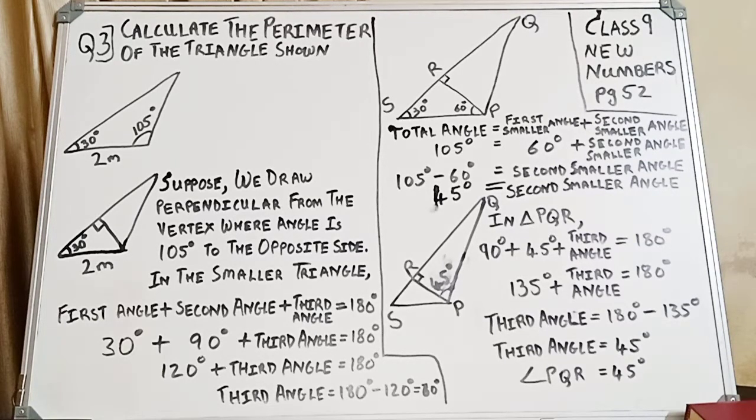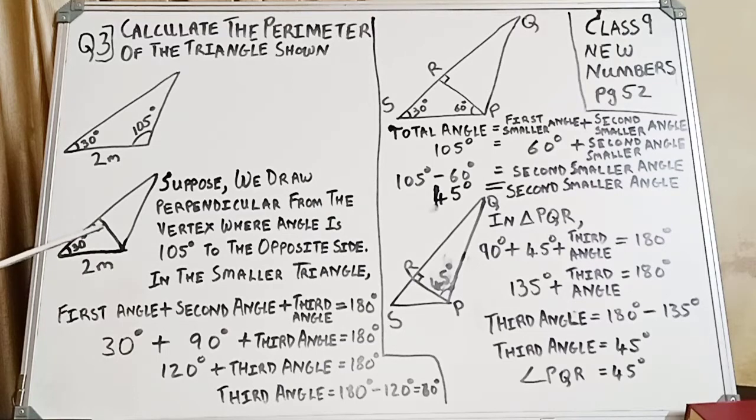So we will be covering these things, and the answer is as follows. Suppose let us draw a perpendicular. You can see over here we have drawn a perpendicular from the opposite vertex. So this angle will be 90 degree since it is a perpendicular.